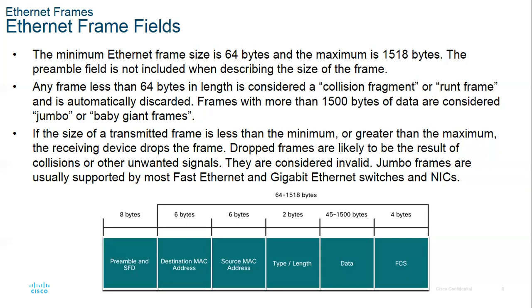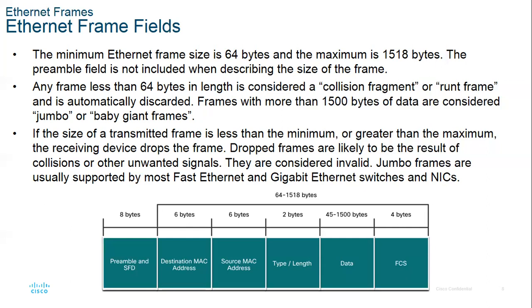Then we have 14 bytes. The first 6 bytes after the preamble and SFD are the destination MAC address, which is the physical address of the destination, over 6 bytes, which means 48 bits.